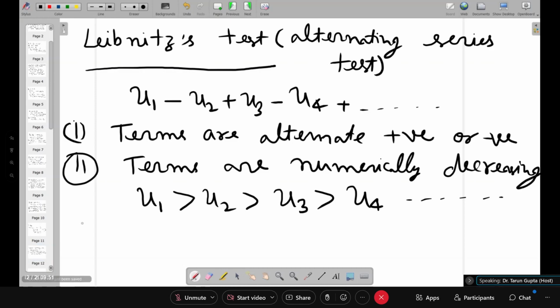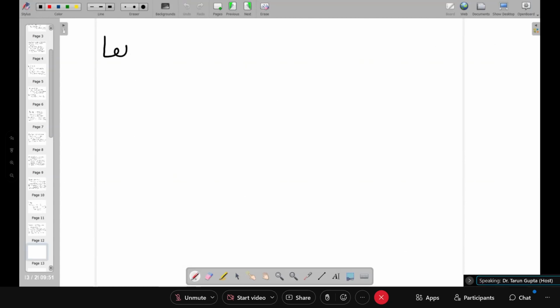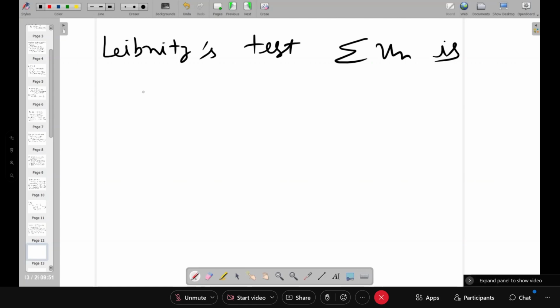And the third one is, if you take the limit n tending to infinity of un, if this is equal to 0, then by Leibniz test, summation un is convergent.